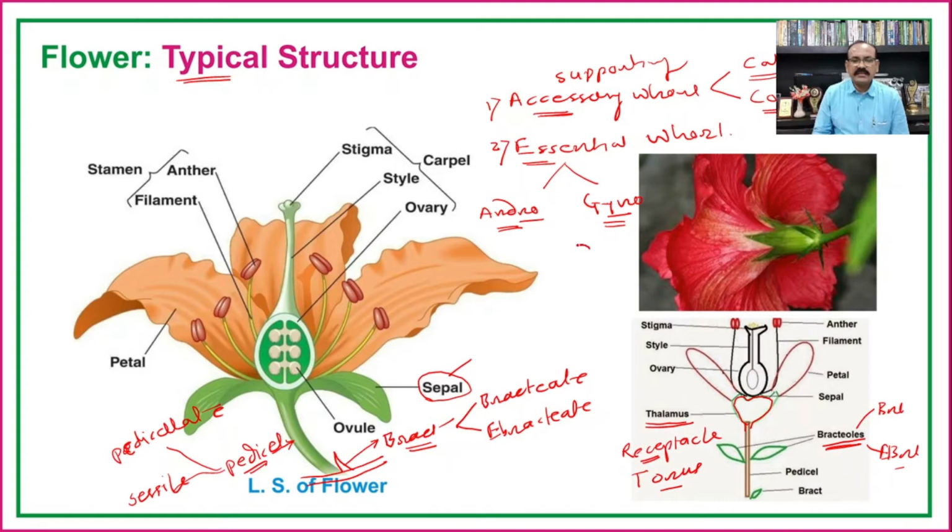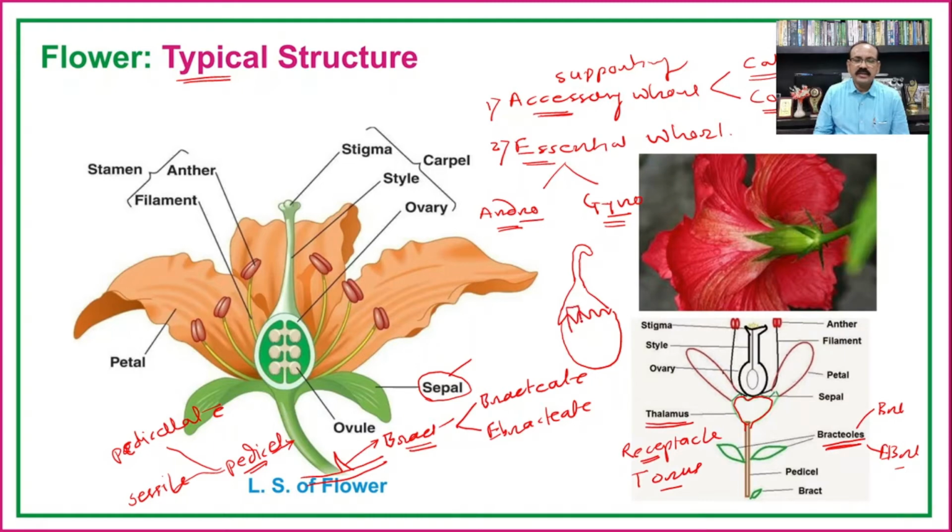This indicates that, say for example, if we draw the calyx and the individual part of the calyx, then we have to say that it is a sepal.